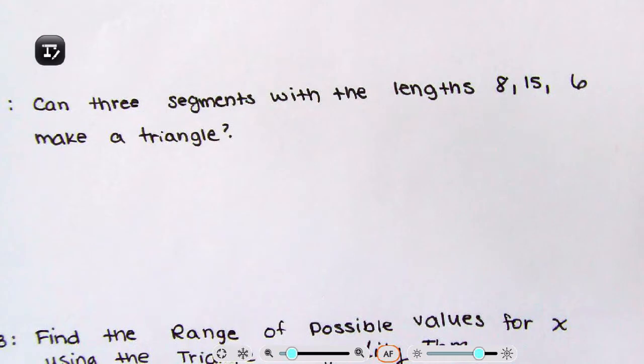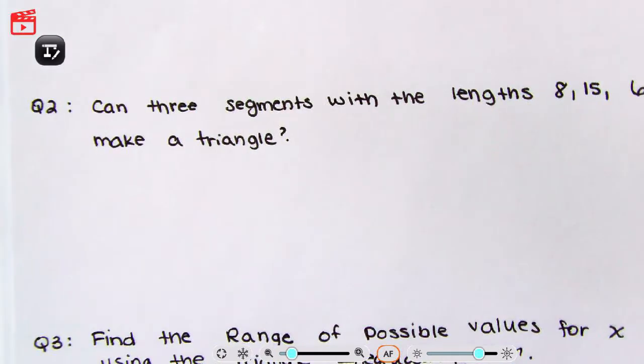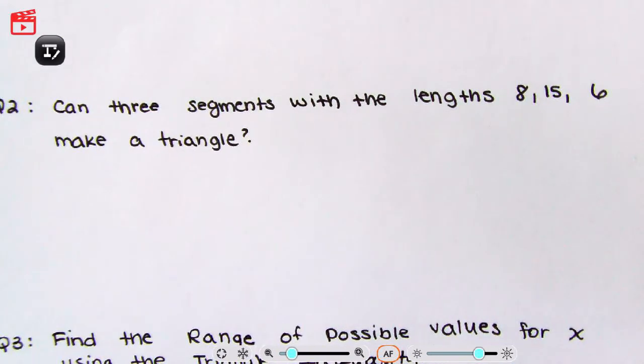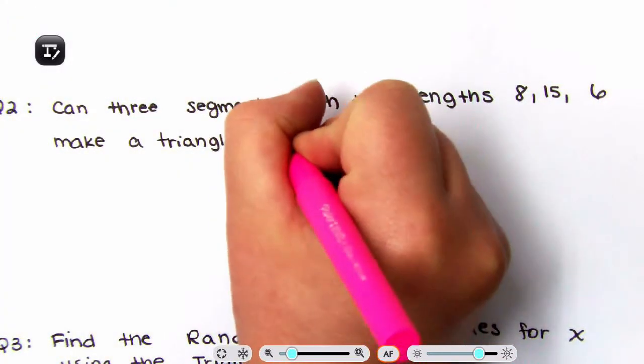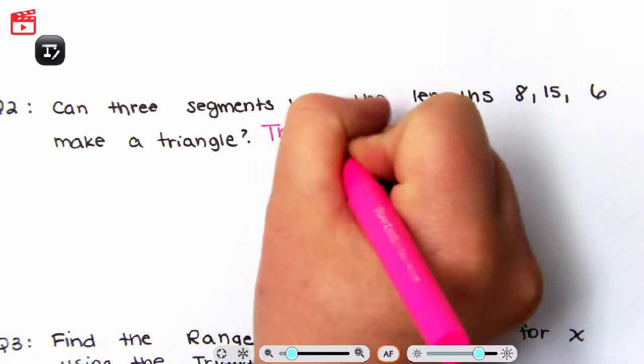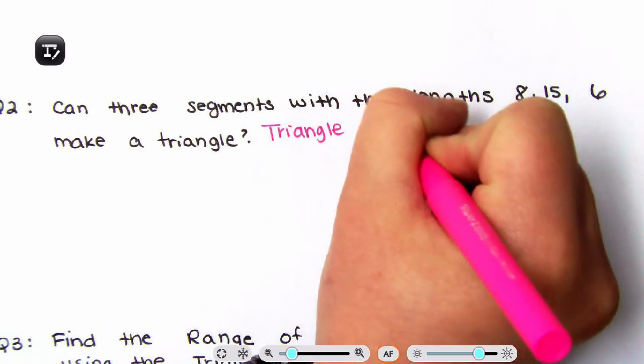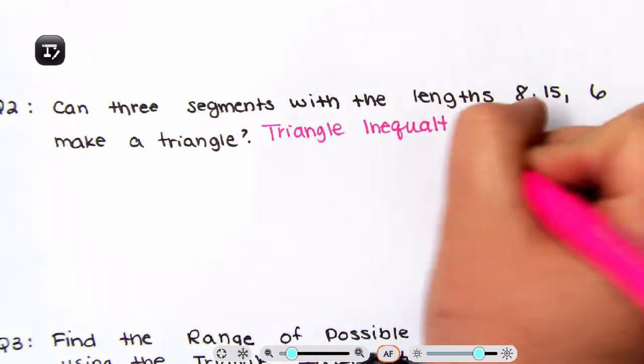Moving on to example number 2. It's asking us, can 3 segments, one being 8, the second 15, and the third 6, make a triangle? This is coming from the triangle inequality theorem. Let's write that down.